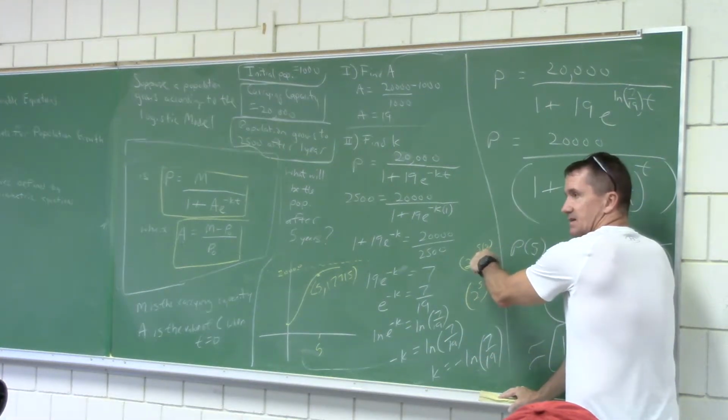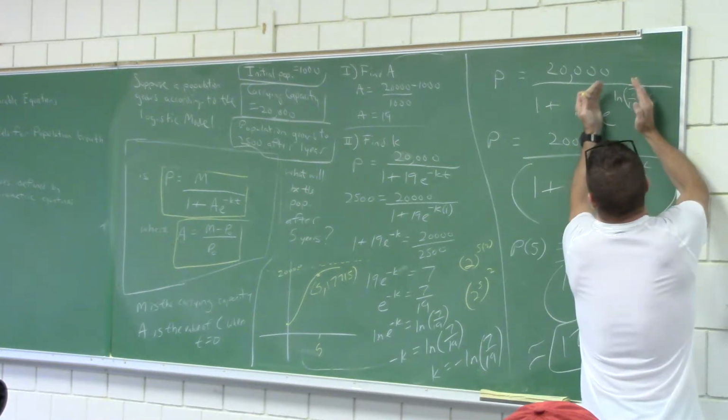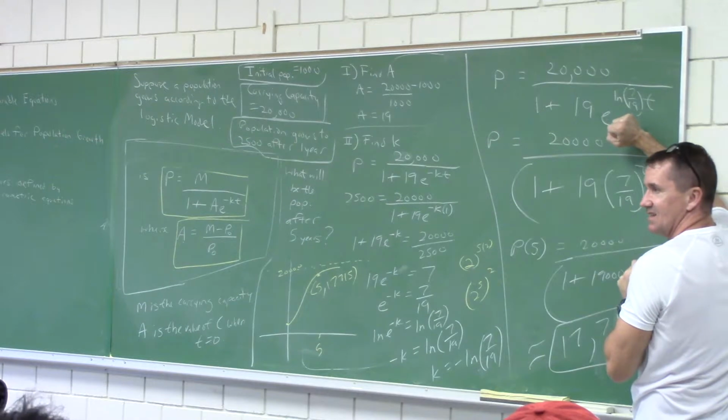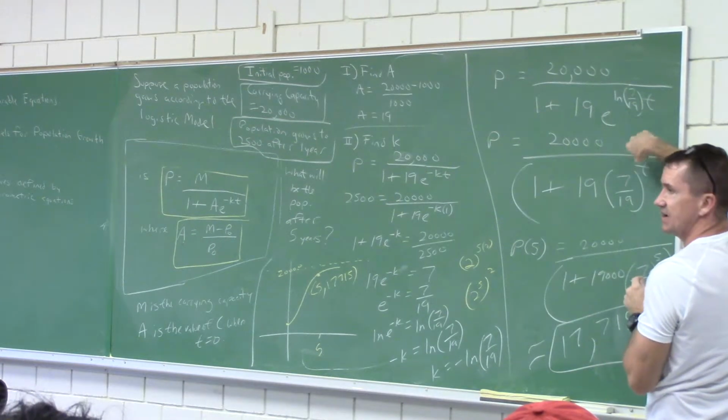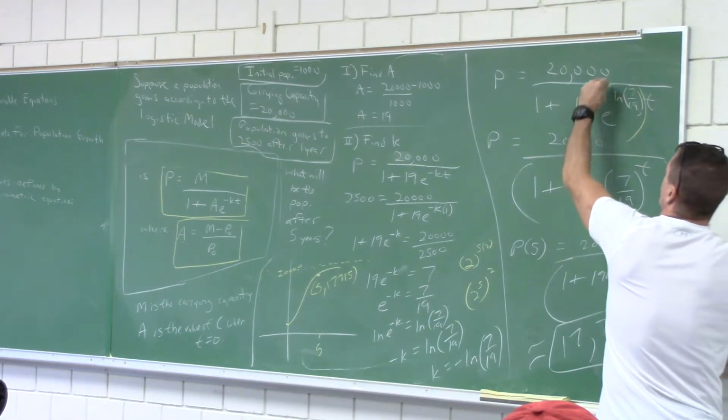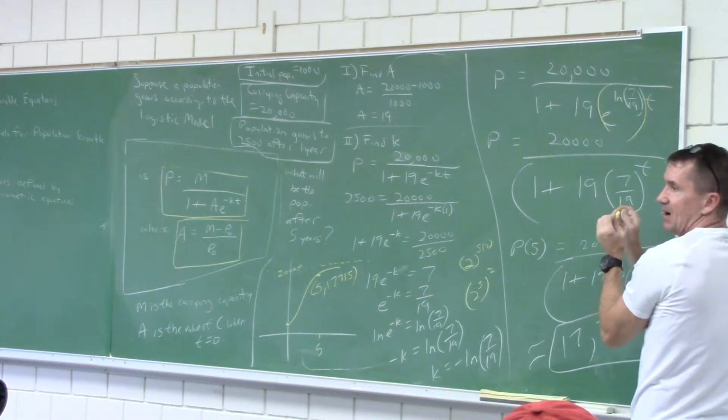We can look at it like that. So in this case, I'm looking at it as e to the ln of 7/19 raised to a t. That's how I'm looking at it. And I'm like, oh, so that's just 7/19 to the t. And it's like all that raised to that power.